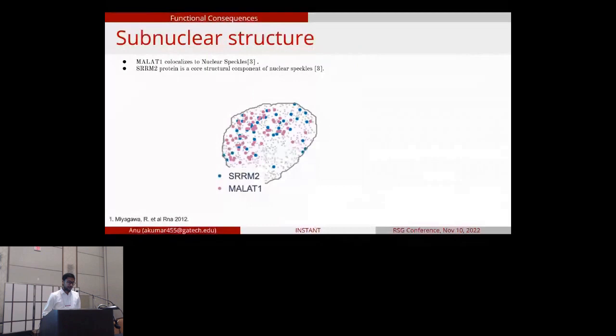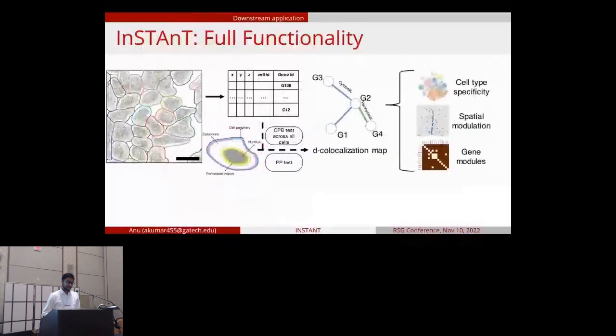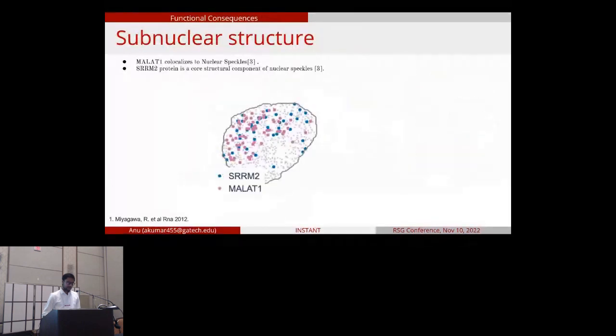We also found one really interesting biological phenomenon. We did the same analysis only on the nuclei of all cells, and we found that SRRM2 and MALAT1 co-localize together. We came to know about a study that says that the nucleus consists of nuclear speckles where splicing happens, and it's known that MALAT1 co-localizes to nuclear speckles.